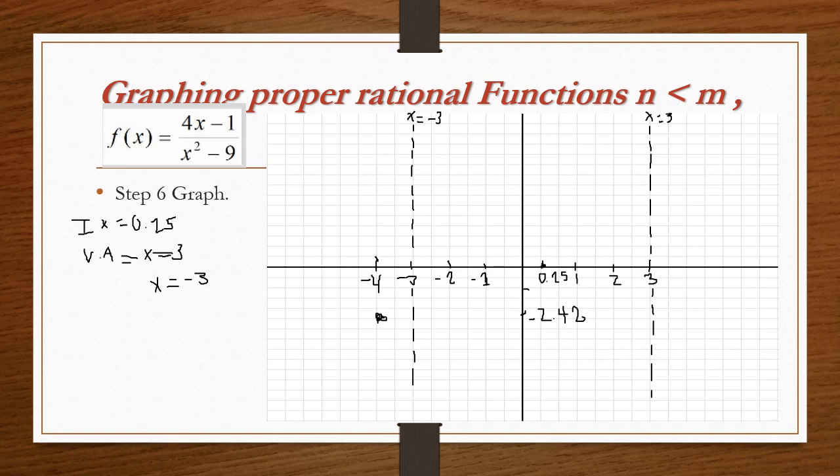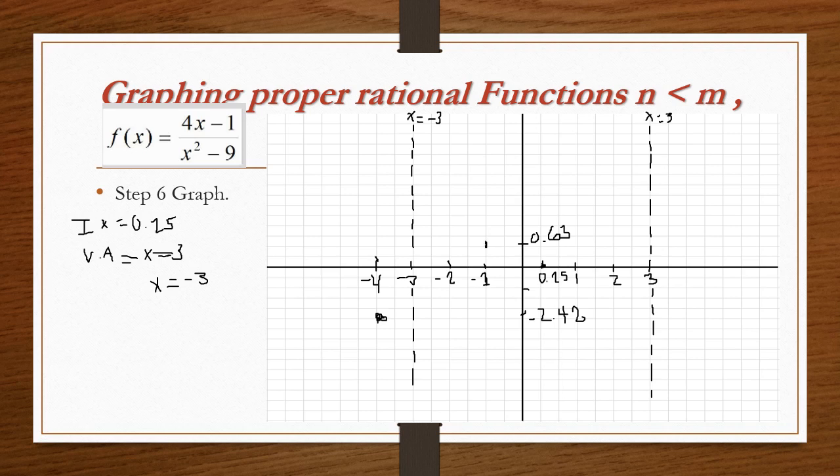Okay, then we have -1 and 0.63, our other dot.